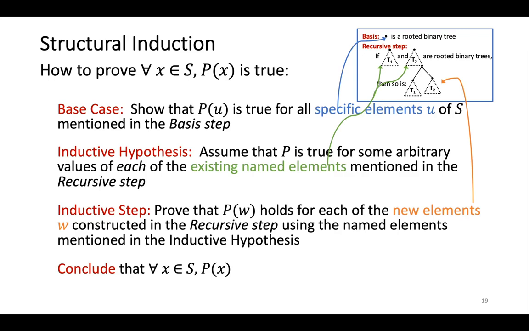So we connect T1 and T2 using the basis, the root node. So the root node with T1 and T2 makes a new binary tree. That's right, this is true. So the binary tree construction is true using structural induction.